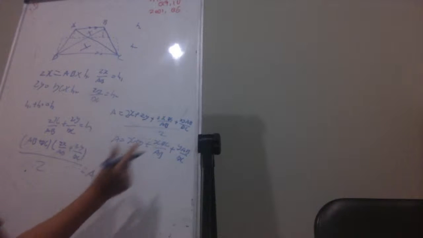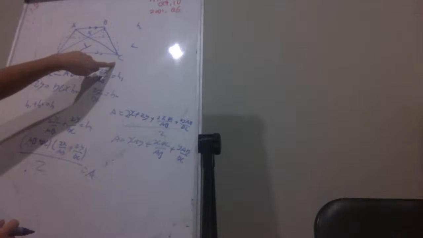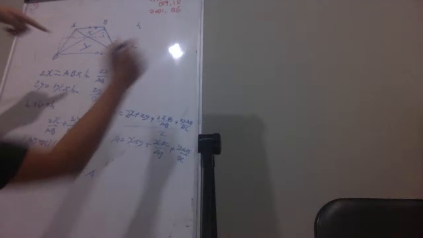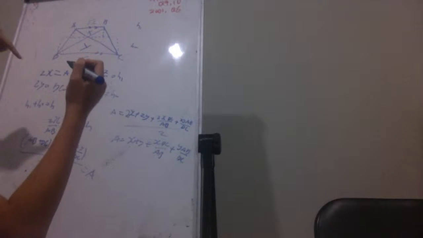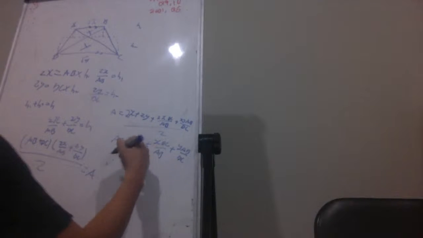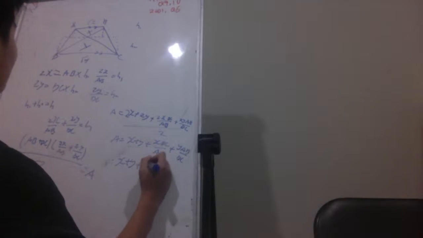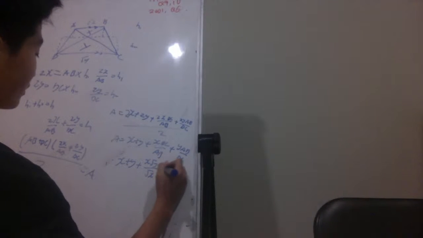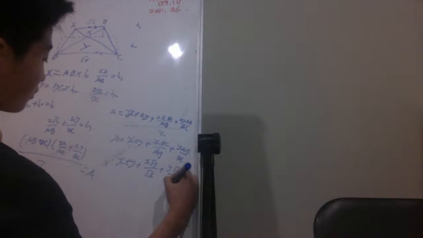But then you know how that's AB and that's DC, so the ratio of the 2 sides would be x to y. So this is in ratio form. It can be written as x plus y plus x root y over root x plus y root x over root y.